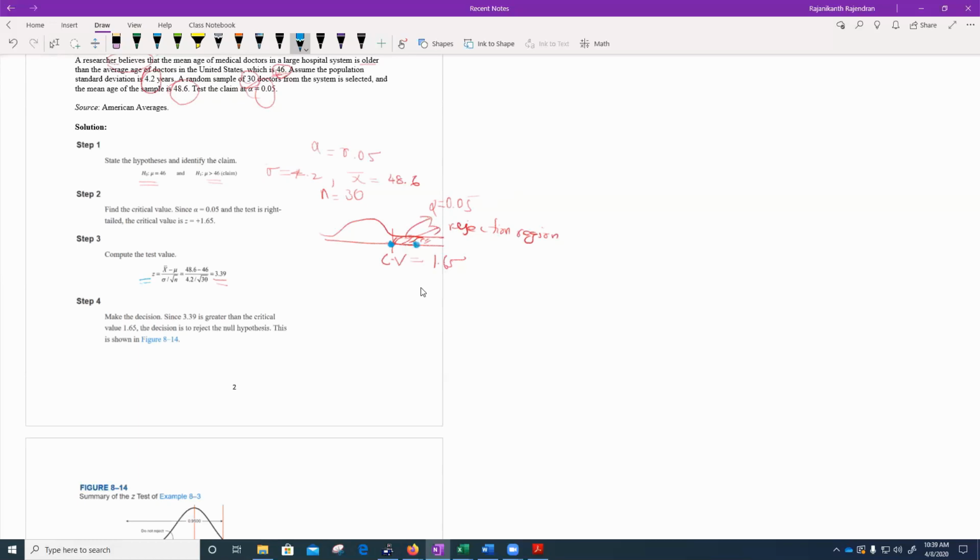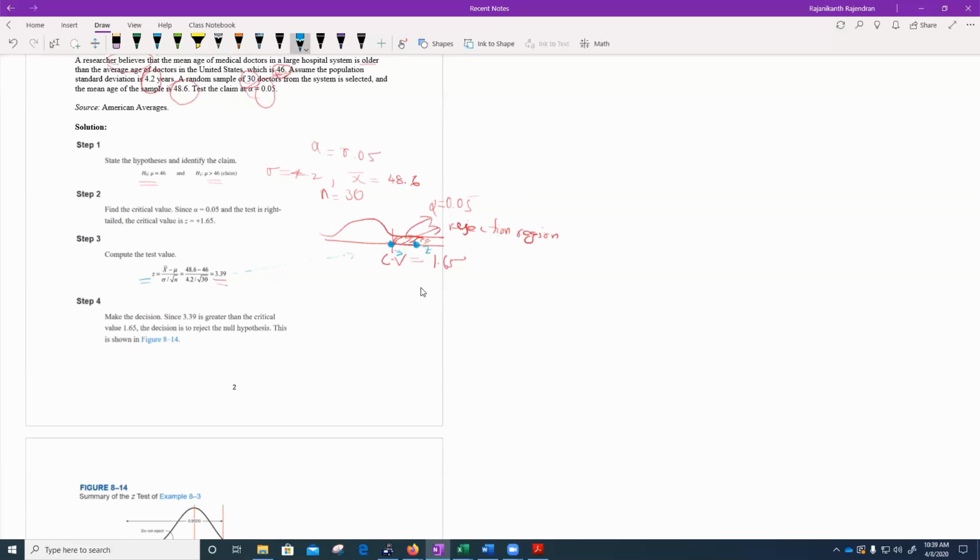Because 1.65 is here, the critical value. My test statistic z is 3.39. It is somewhere here, right? Obviously, my test statistic is now falling into the rejection region, am I right?